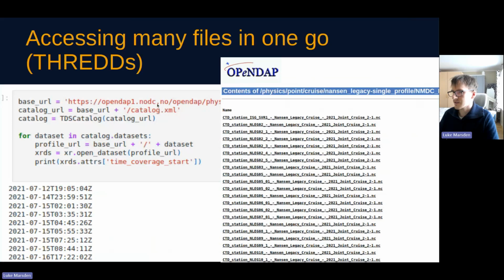So you can take this catalog XML and use a module called TDS catalog, which I forgot to import up here. And you can loop through each of the data sets within that catalog, which is this here. And here I'm just opening them up and plotting one of the global attributes. But you can imagine that you can do lots more complicated things upon this. So not only do you not have to download all the files, you don't have to download any of the files.